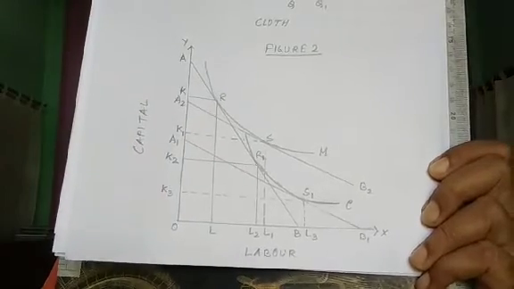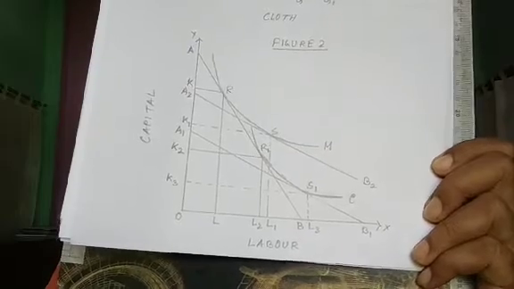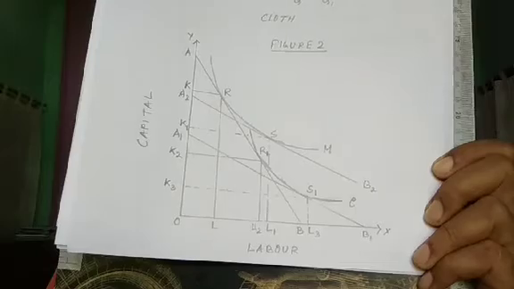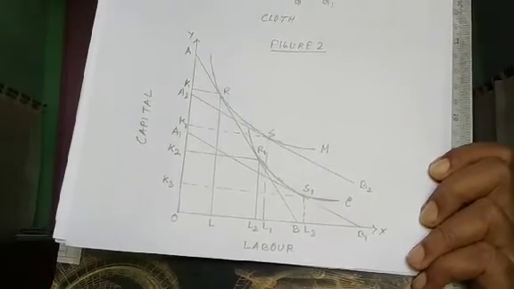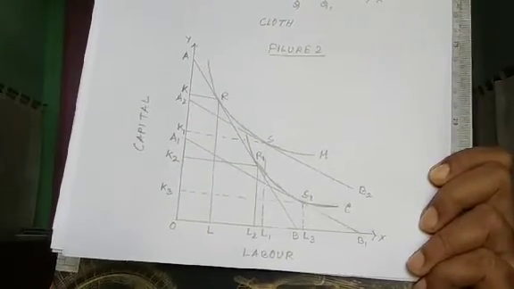In other words, the cost of producing 100 machines in country A in terms of capital is OA. So this is the total capital required to produce 100 machines if we express all the cost of production in terms of capital.